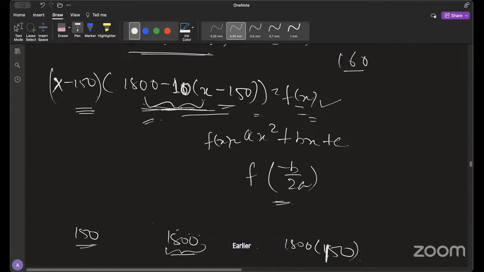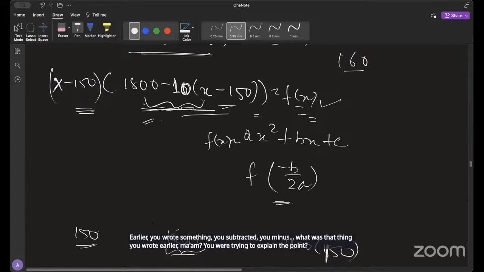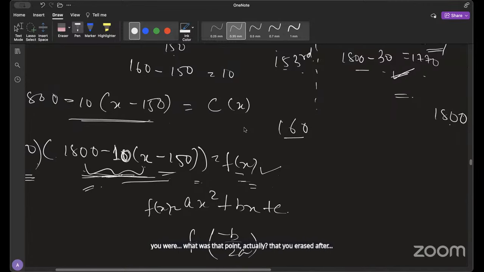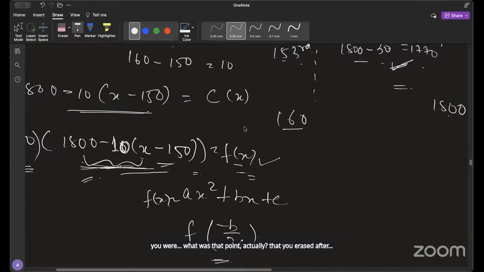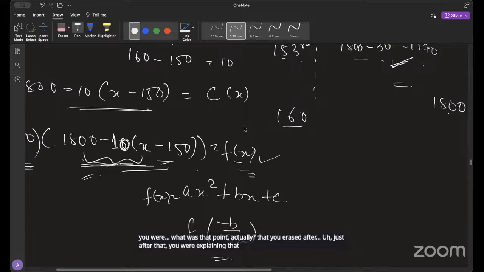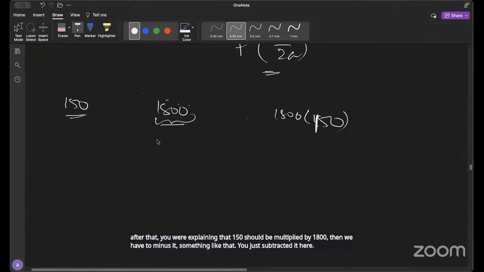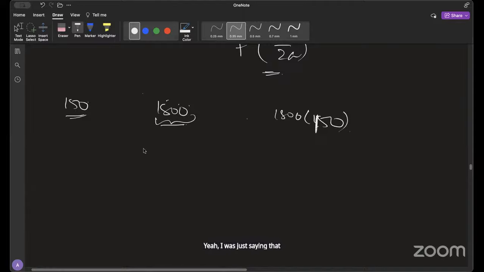Earlier you subtracted something. What was that thing you wrote earlier, ma'am? You were trying to explain the point. Just after that, you were explaining that 150 should be multiplied by 1800, then we have to minus it, something like that. Yeah, so I was just saying that the total price is the total price of everything.